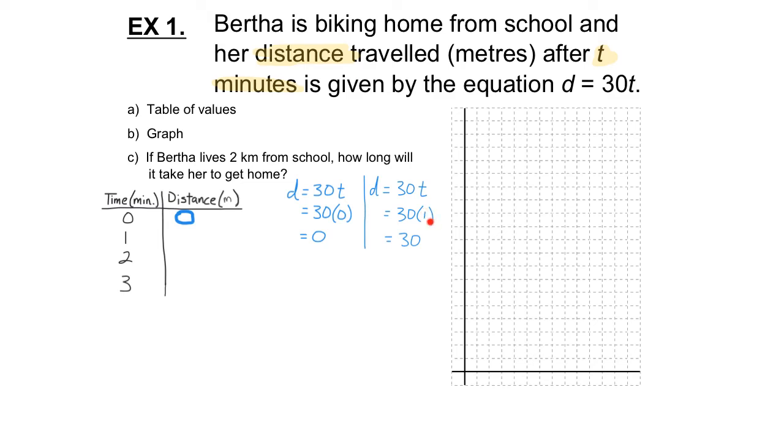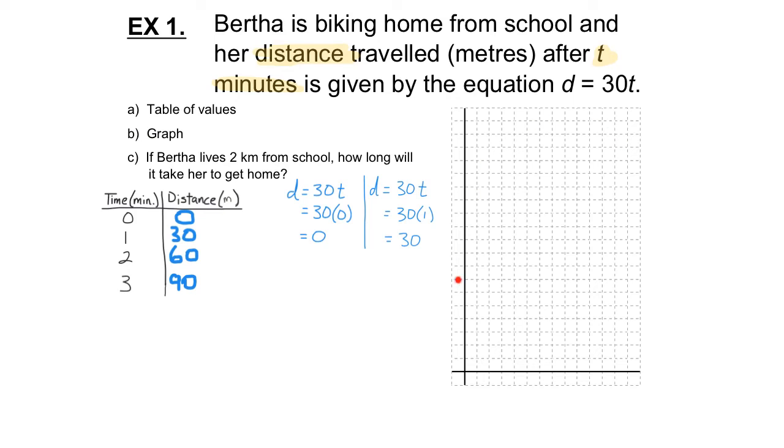Substitute in my value for t, do the multiplication, and get my answer. So after 1 minute, her distance is 30 meters. And I can do this same process for the rest of the time values. Now I have a completed table of values.